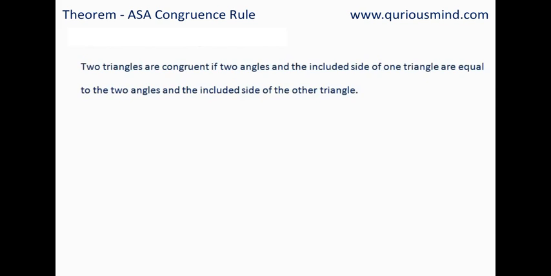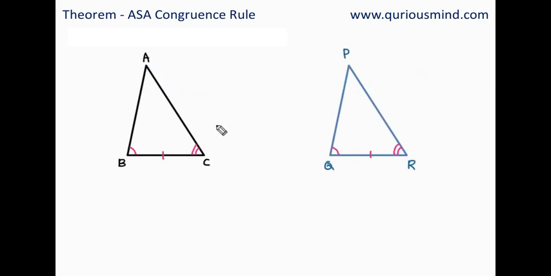So let's do that. We have two triangles, triangle ABC and triangle PQR, in which it is given that two angles and the included side, angle B, angle C and the included side BC, are equal to angle Q, angle R and the included side QR.